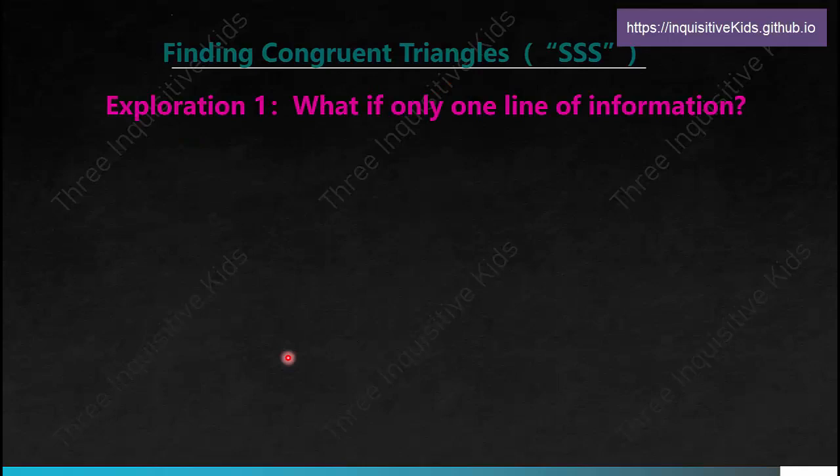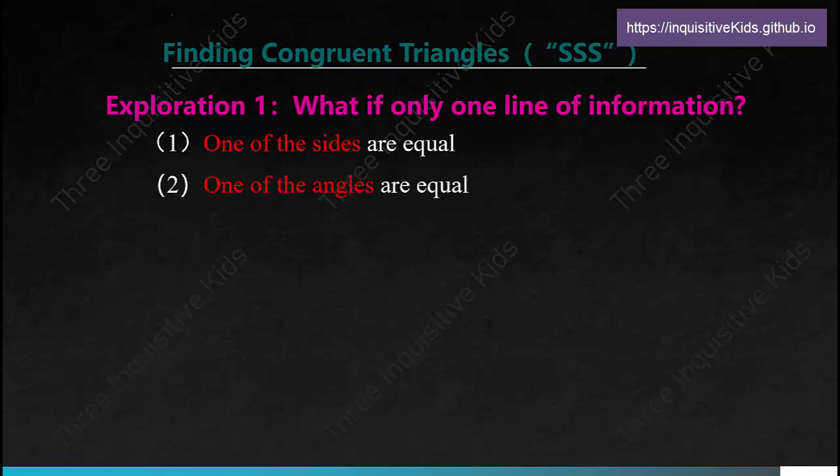Finding congruent triangles with the method of SSS. Exploration 1. What if only one line of information is given? Here is one line of information. One of the sides are equal. One of the angles are equal. So let's first just look at one of the sides being equal.